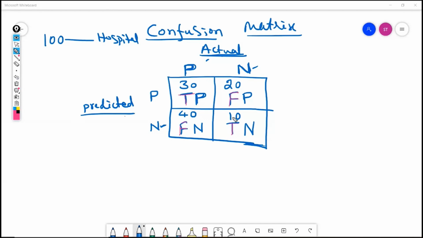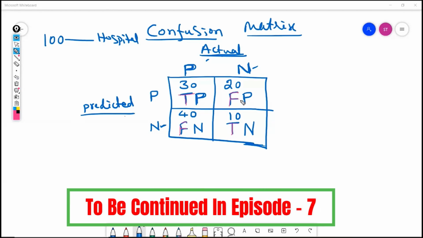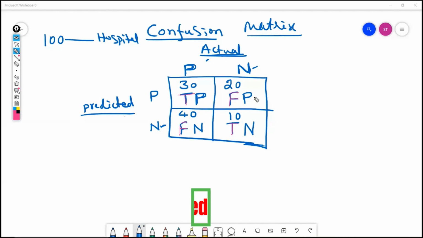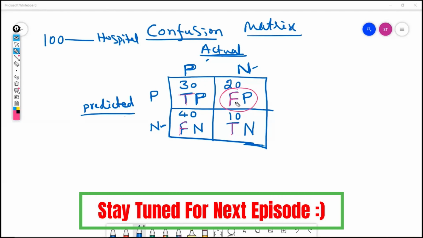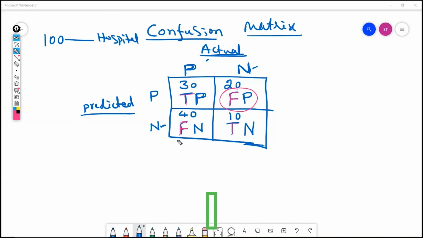So here, what went wrong? There is something wrong here. The prediction versus actual, when you compare, it's false. And here also there is some false data. False prediction. So these two are really the problem. And in these two cases, prediction and actual data are matching.